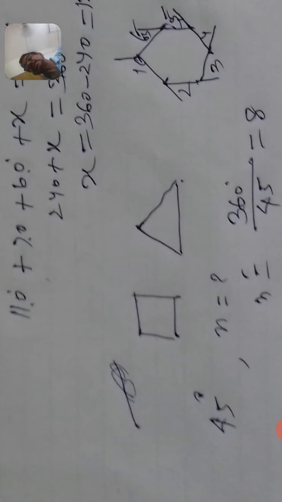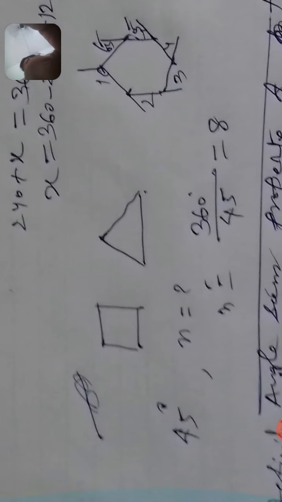Now if the polygon is regular, the measures of all exterior angles are equal.